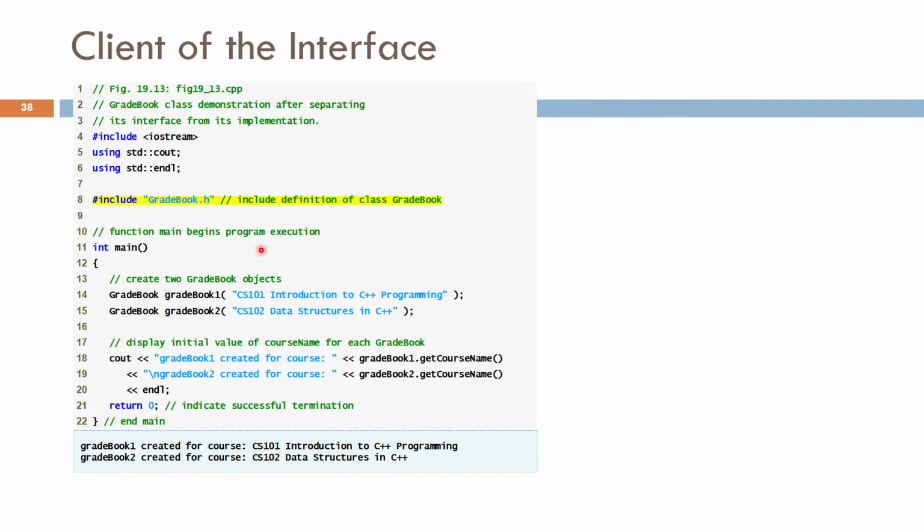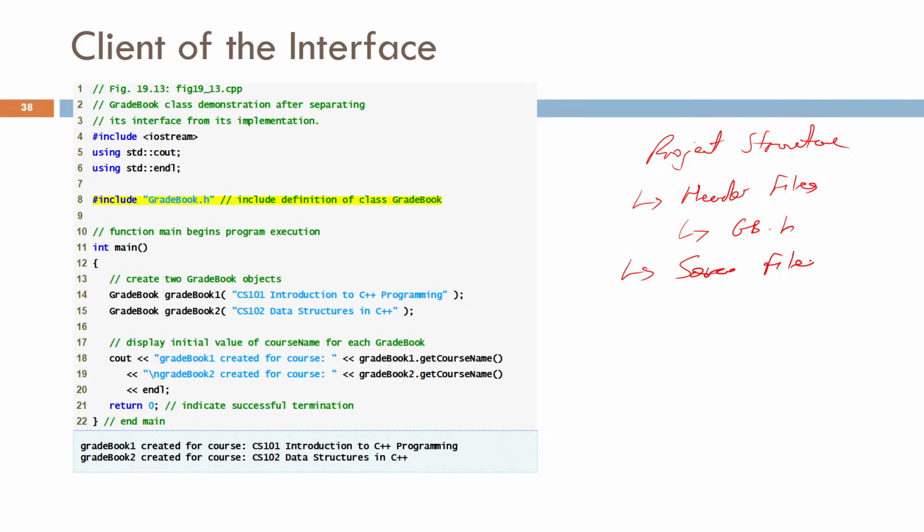It also helps when you're creating your projects. I'm just going to illustrate this. You normally see header files, where you'll have your db.h file, and then source files, where you'll have driver.cpp and db.cpp.